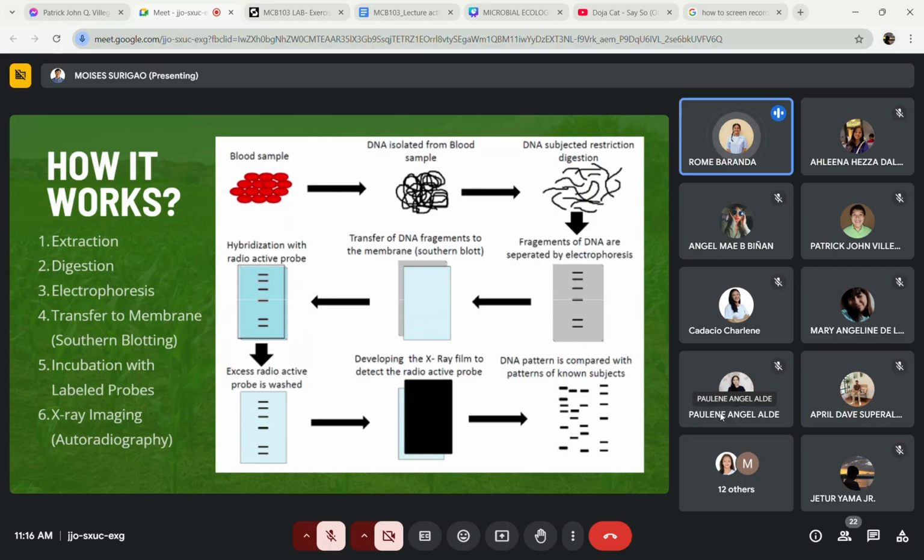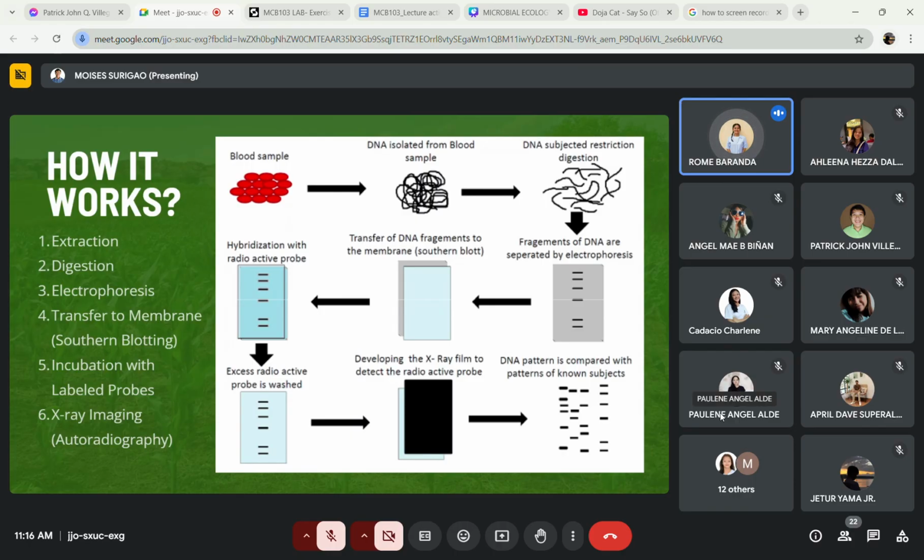Okay, so after the electrophoresis, gi-transfer na yung DNA fragments sa membrane. Gi-place na siya doon sa membrane actually. And then, this process also refers to southern blotting. This southern blotting, stabilize niya yung DNA fragments, which makes them easier to analyze. And then, after the southern blotting, we have to hybridize the membrane with radioactive probe.